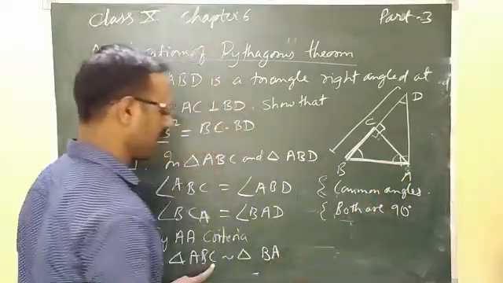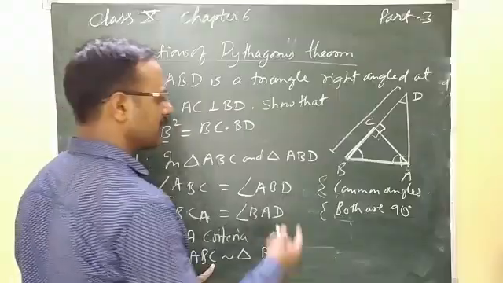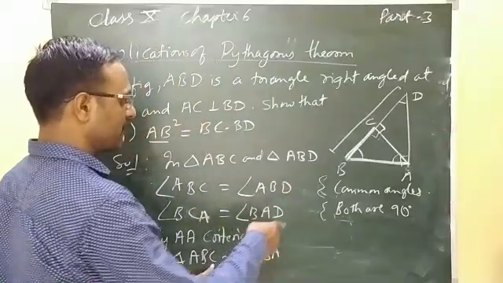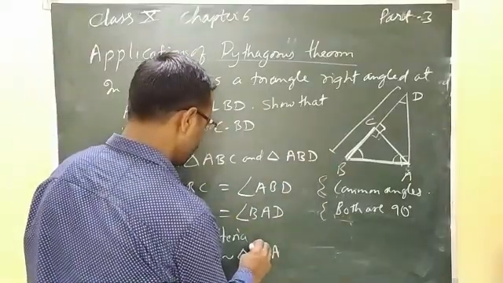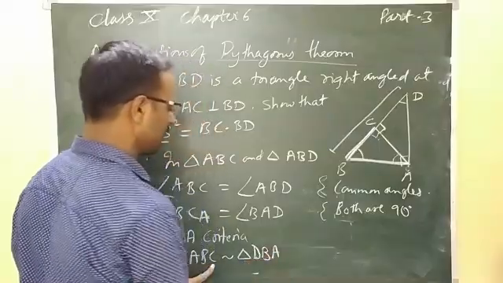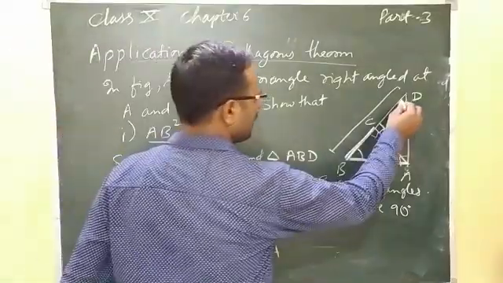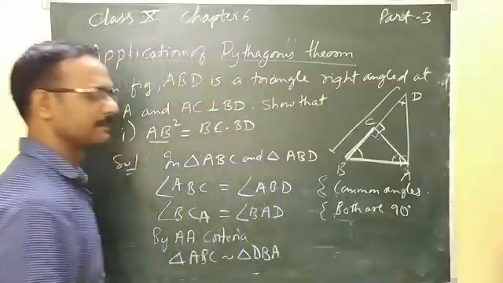So at last I am going to get A, which is the remaining point. The remaining point of the bigger triangle is D. So here you are going to get angle D. So you can say angle D is equal to angle A.